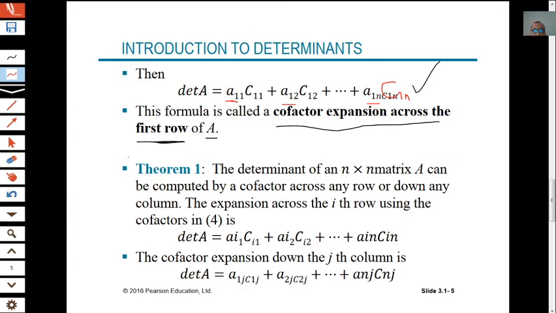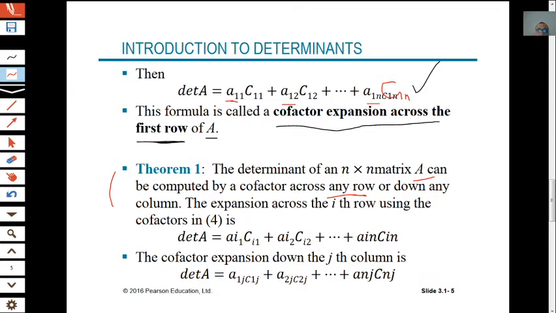So after knowing the cofactor expansion for the determinant according to the first row, in this theorem we see that the determinant of an n by n matrix A can be computed by a cofactor expansion across any row or down any column.